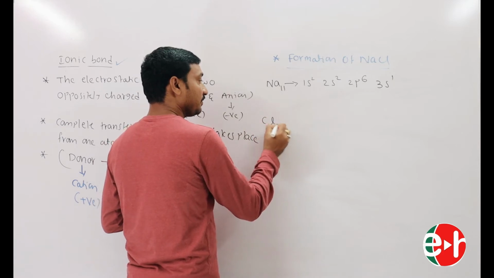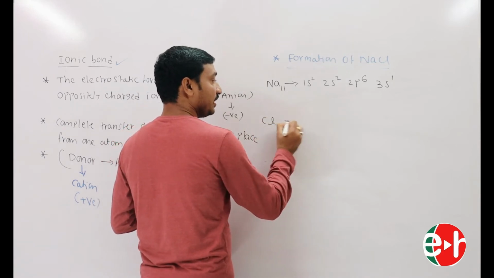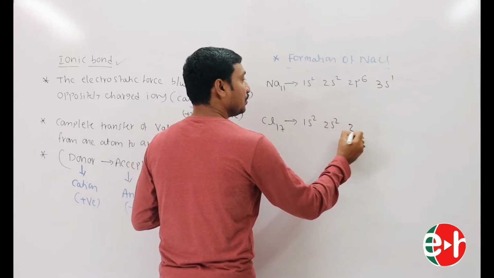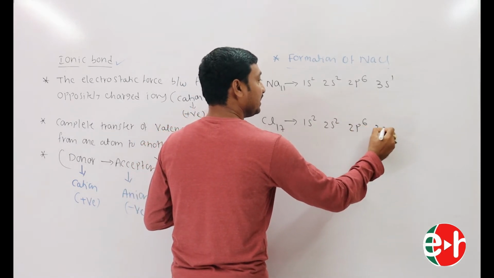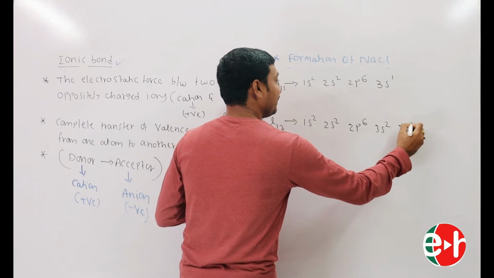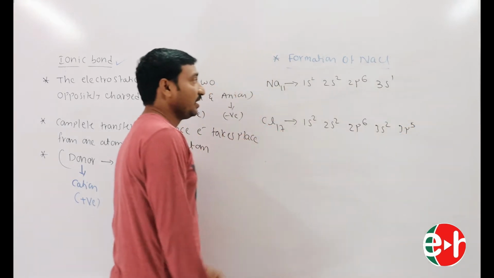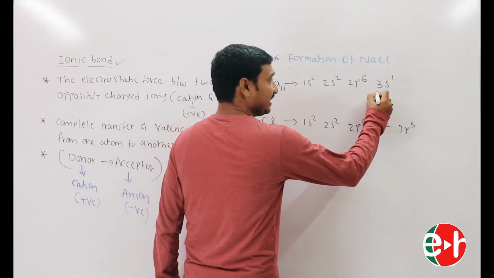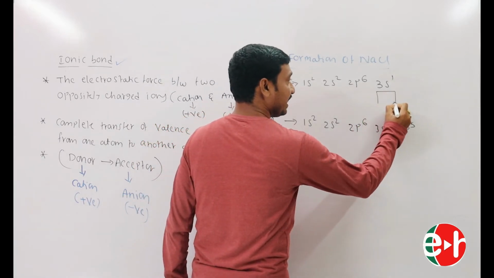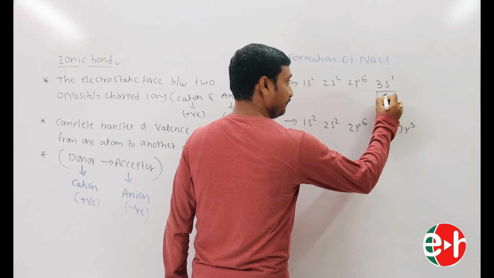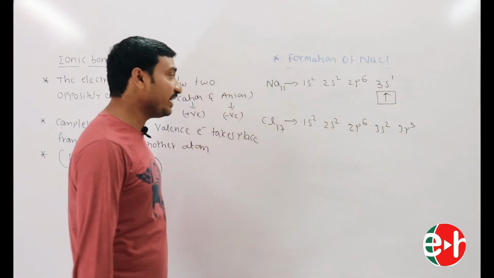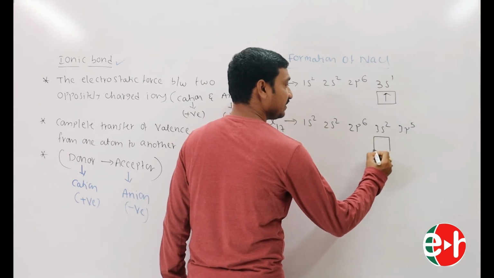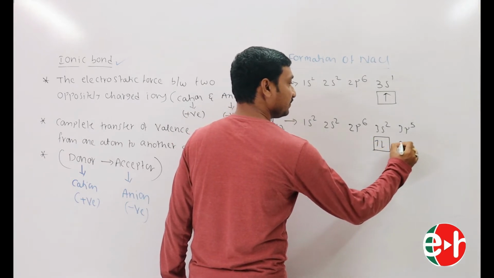Chlorine atomic number 17, electronic configuration 1s2, 2s2, 2p6, 3s2, 3p5. In sodium, in its valence shell, there is 1 electron. In the chlorine atom, in the valence shell, there are 7 electrons.